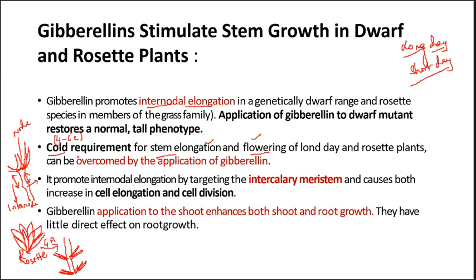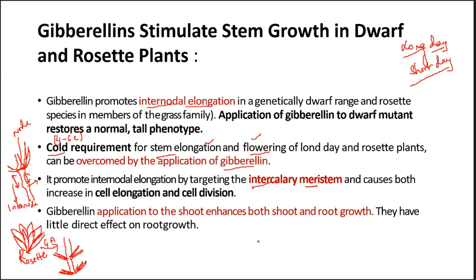But when instead of the cold condition gibberellin was applied, they show the same effect. So gibberellin here can substitute the cold requirement. In place of applying the cold temperature, if gibberellin was applied, the same effect of stem elongation and flowering was seen. Now it promotes internodal elongation by targeting intercalary meristem.